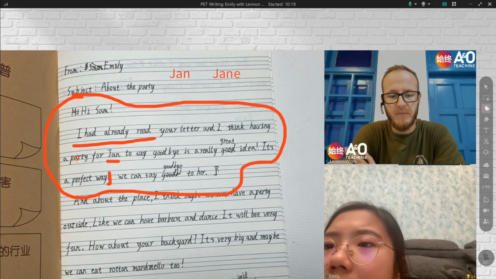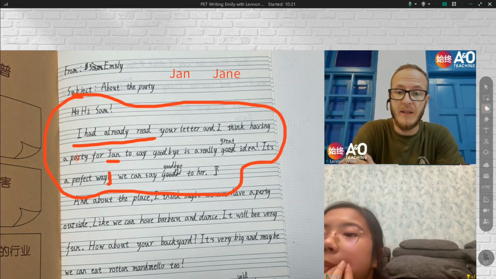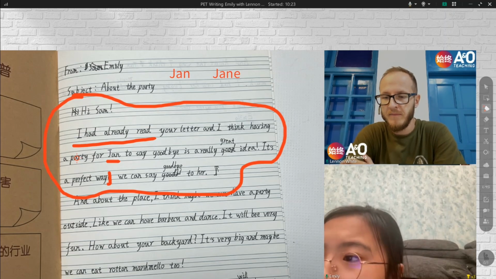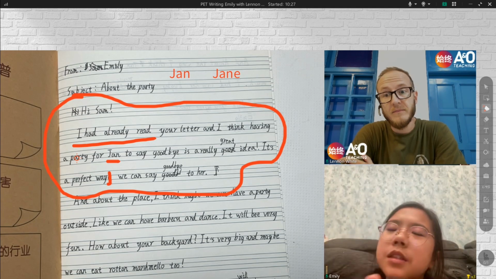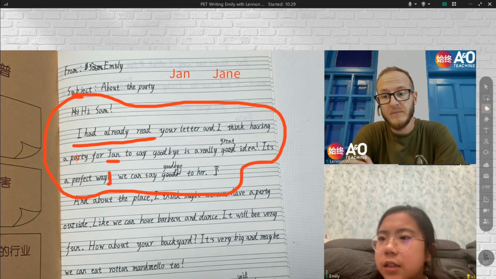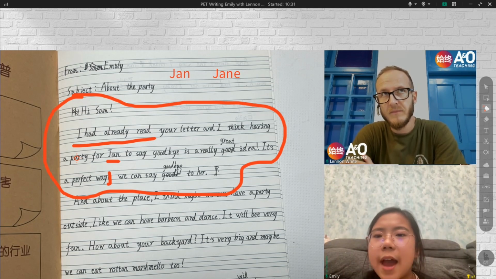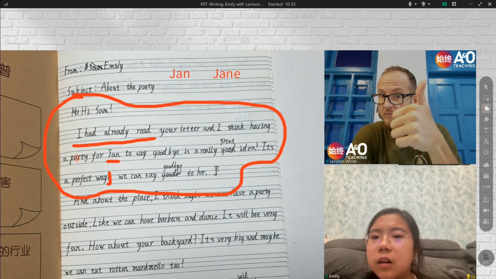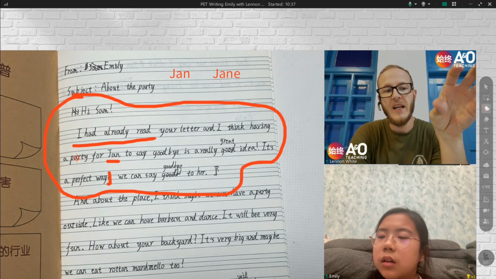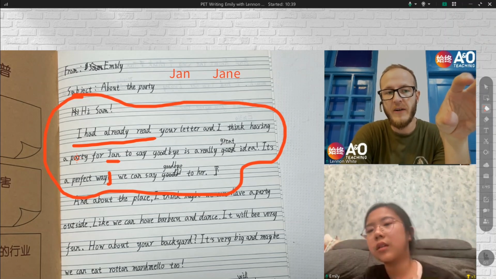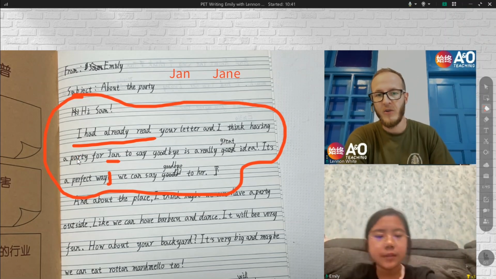Do you know, for example, the difference between past simple and past perfect? If this sentence in past simple is "I read your letter," what is the difference between "I had already read your letter" and "I already read your letter"?